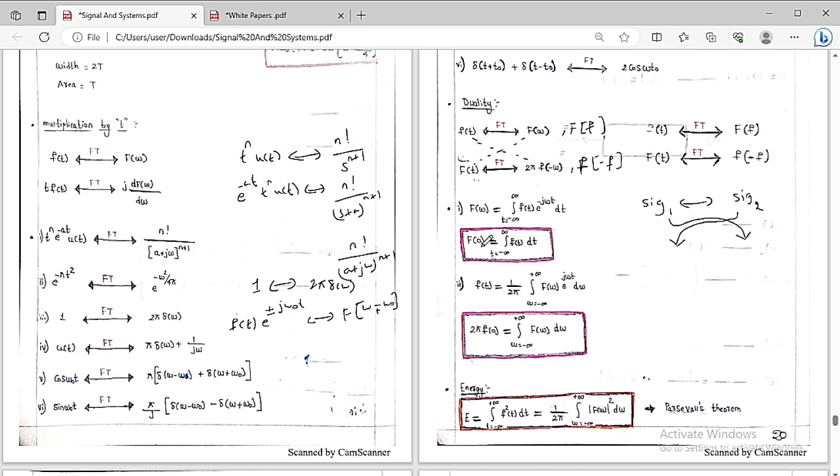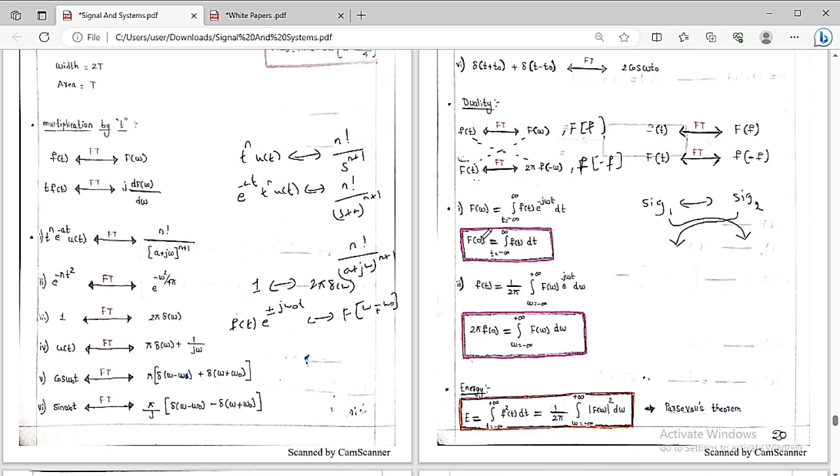So the area under the time domain signal equals the frequency domain value at omega equal to 0.